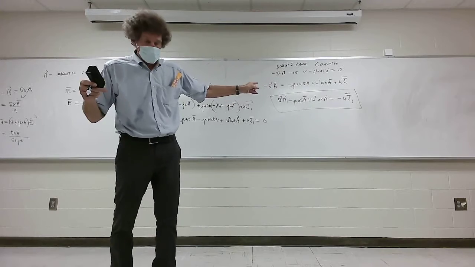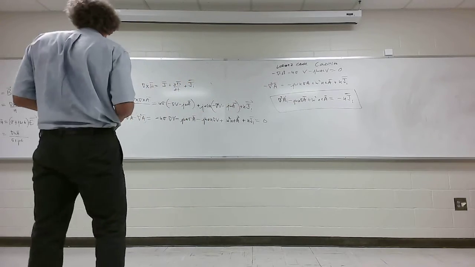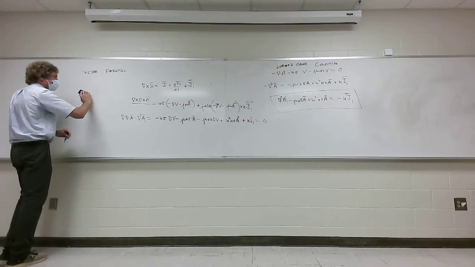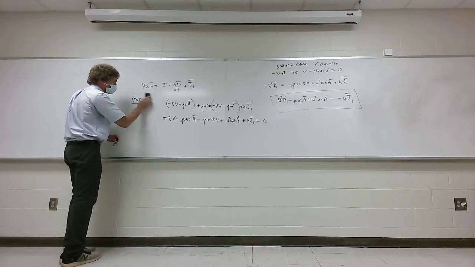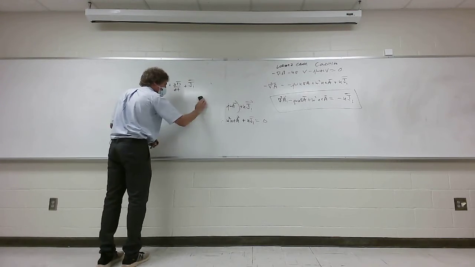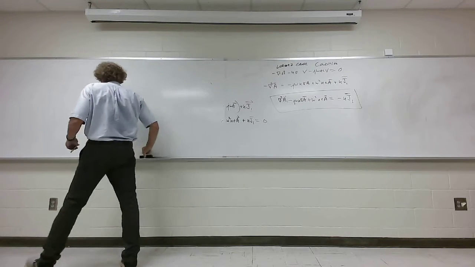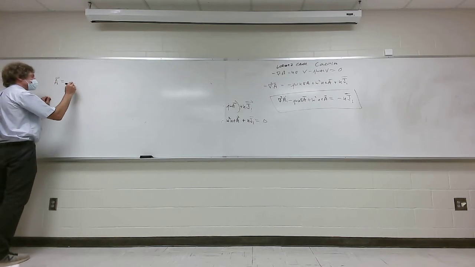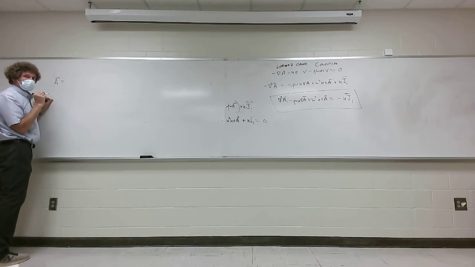We get A. Now, Wentworth, what he does in his book is kind of nice. He just says, aha, I won't show you how this works, but I'll give you something that has to be true if what I just showed you on this board is true. He says that A, now this fictitious vector quantity, is actually definable, and it is a solution of that equation I just put down.